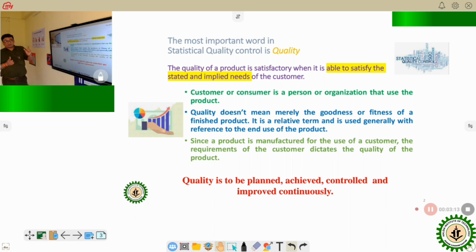From the definition we understand two important things. We are going to optimize or check the parameters that are required to obtain the finished product, and finally the requirement needs of the customer. Suppose I generate some kind of ABC product which the customers are not liking, but the customers are liking the EDA product.